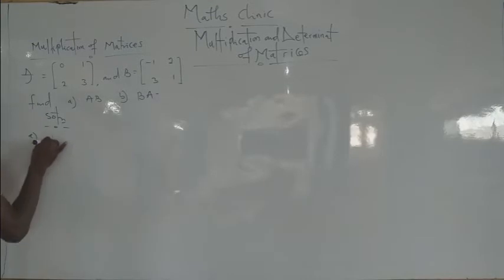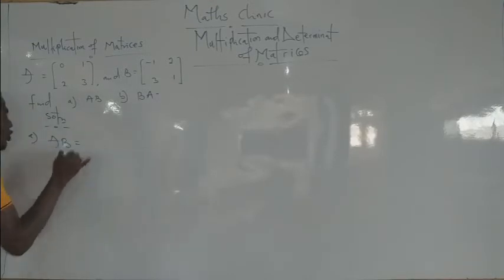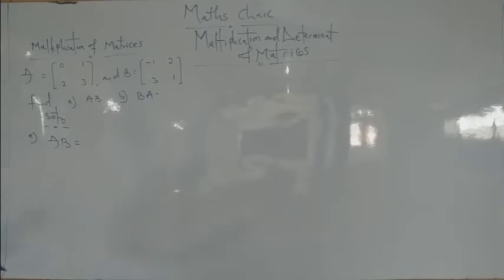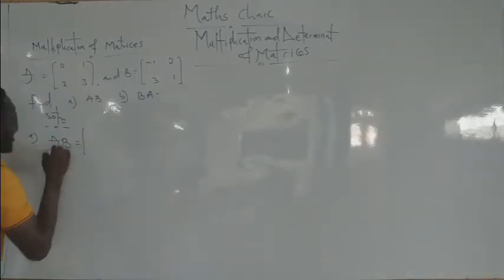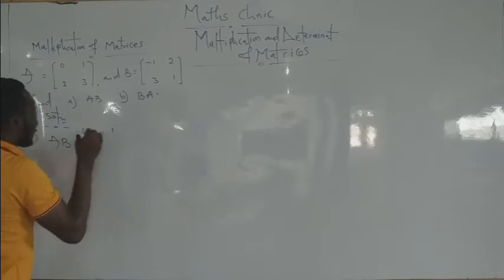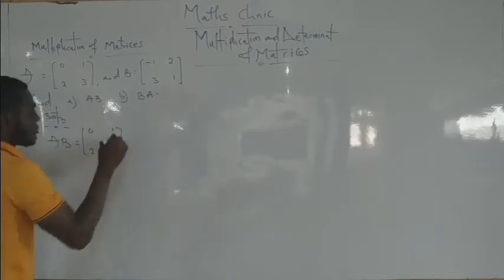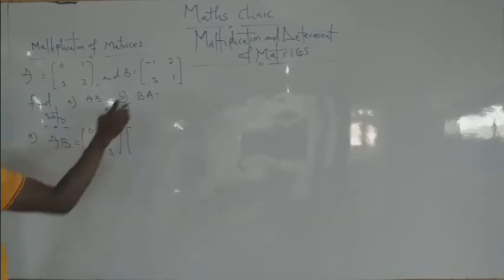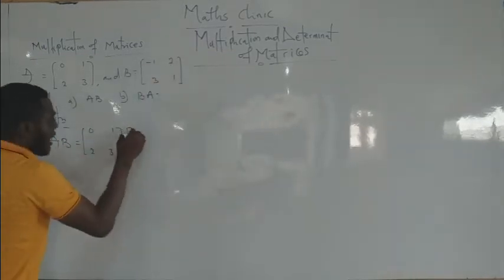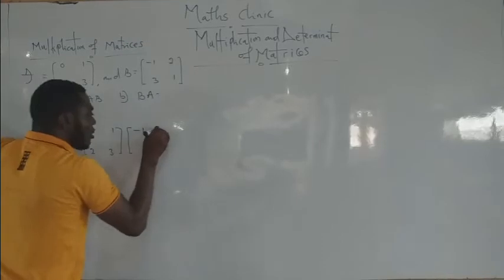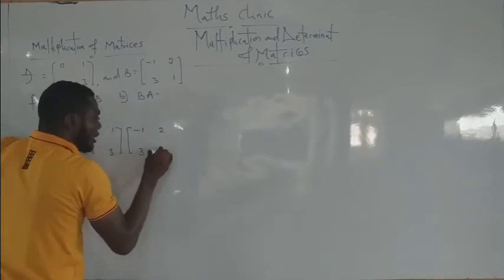So AB. We write A first. This is A, and that will be 0, 1, 2, 3, followed by B, that's minus 1, 2, 3, 1.